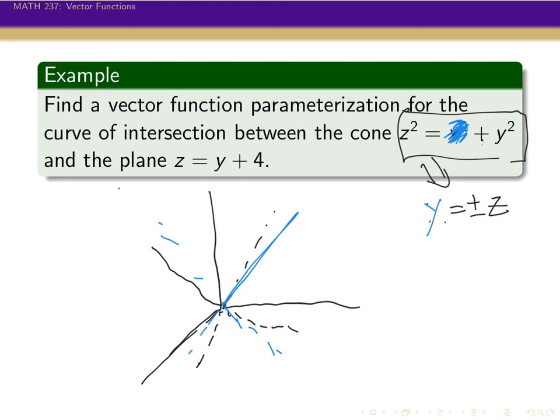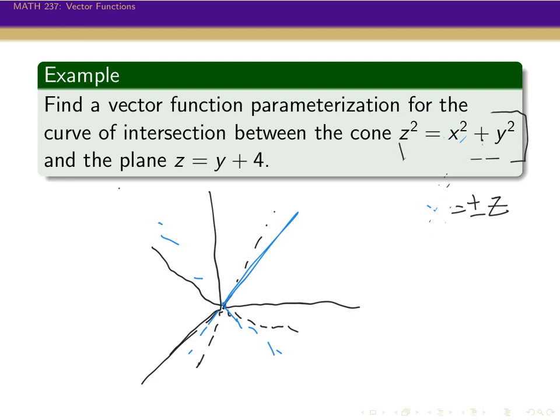Okay. And then lastly, now I have an idea of what it looks like going up and coming towards me. I just have to get an idea of what horizontal cross sections look like. A horizontal cross section is setting z to be some value.